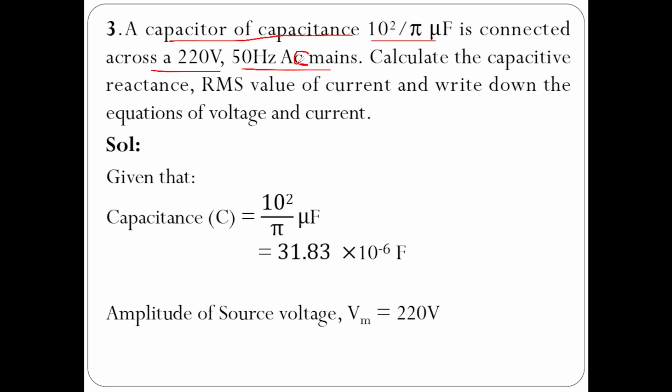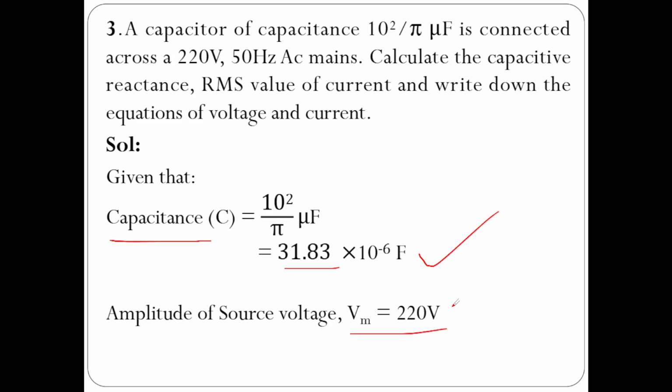Let us first see the capacitance value. 10 square by pi microfarad is given. Simplify it: 10 square by pi gives 31.83. Micro means 10 power minus 6. So 31.83 into 10 power minus 6 farad is our capacitance value. And the amplitude is given, that is 220 volts.